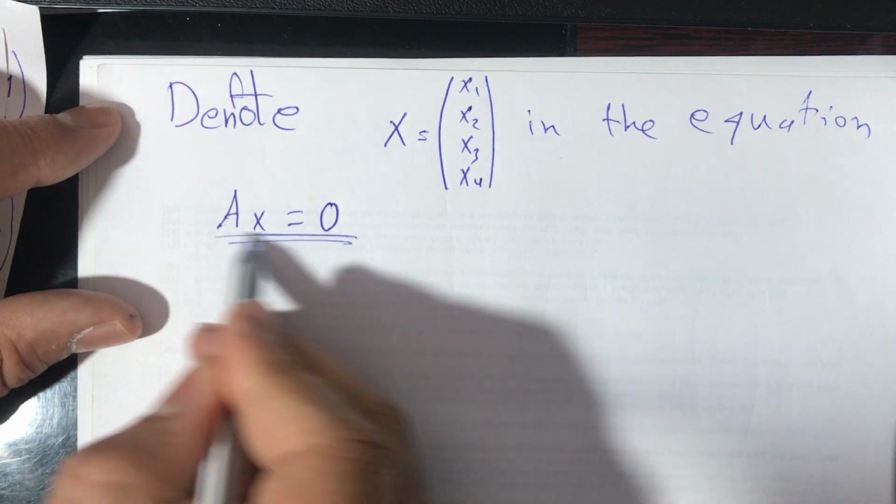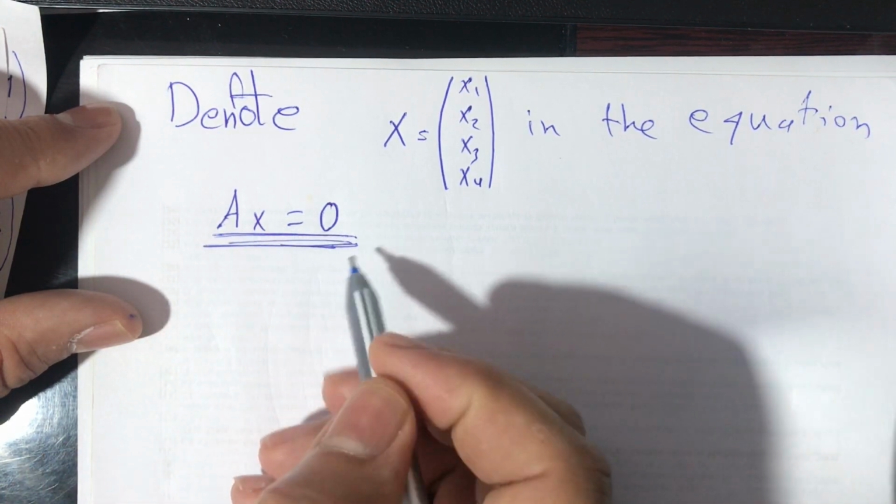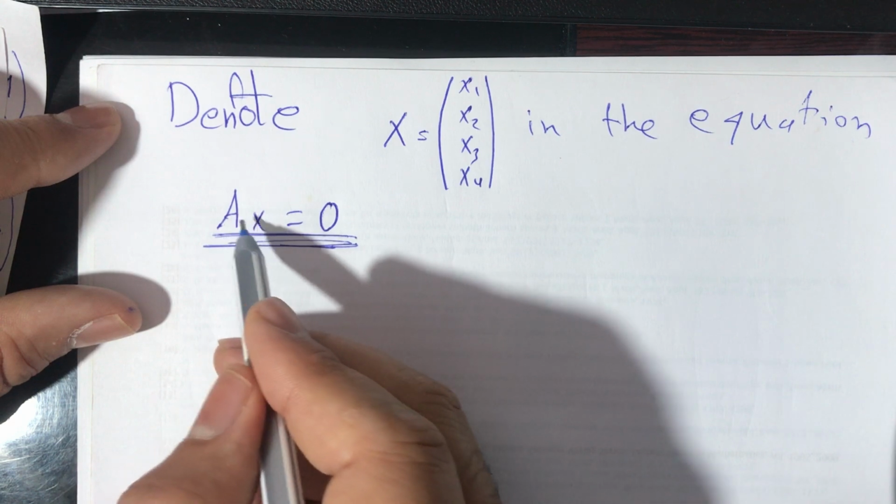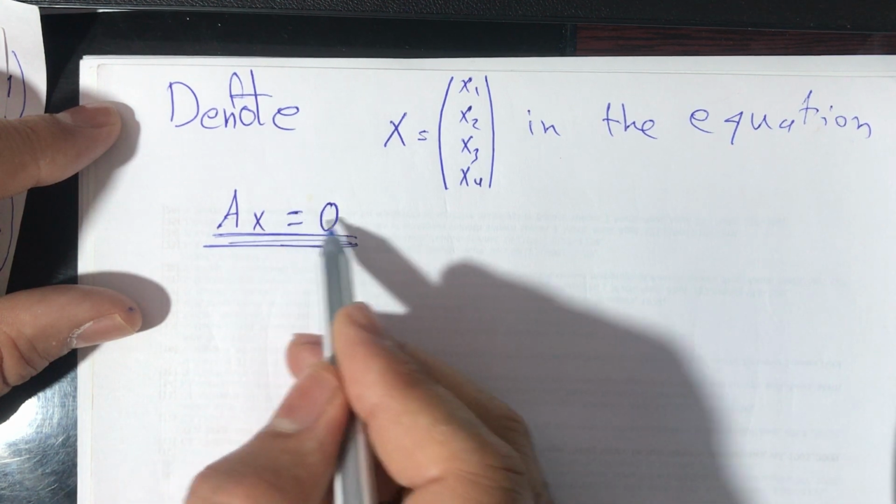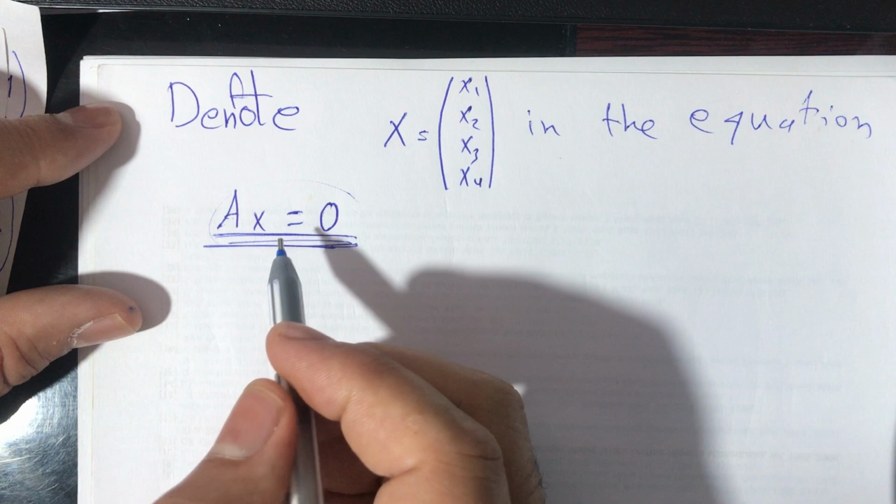This is the equation for null space of A. A times x equals 0. We call this the null space.